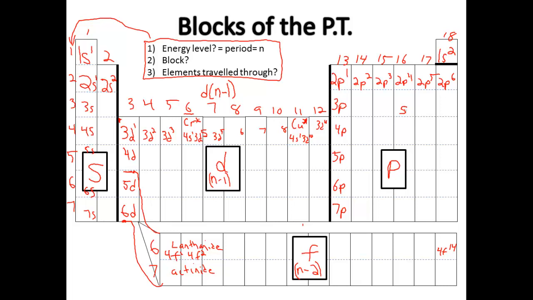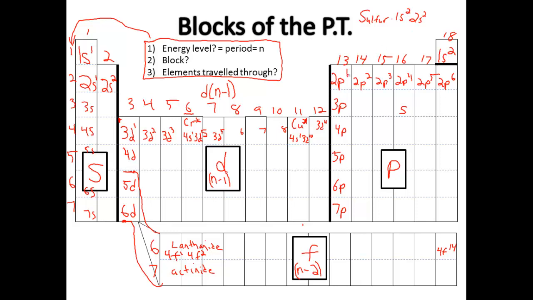And then from sulfur being there, what we're going to look at is the elements we traveled through. So we start out, we went through hydrogen, helium, across through the lithium, beryllium, rest to the p block, back to the s, and finally finish up here. So to show those elements, for sulfur, we're just going to write sulfur at the top of this page. It would be 1s2. Second row, 2s2 is filled.